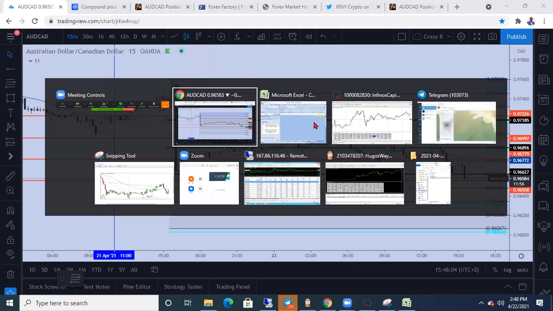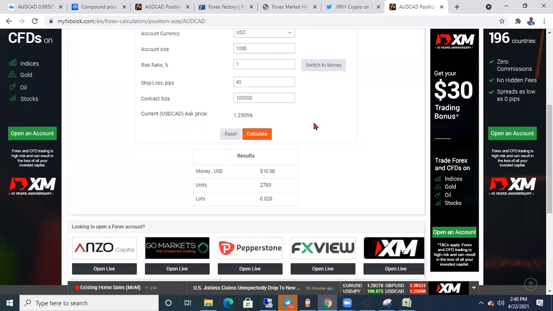If I'm trading off the higher time frame, now I am forced to use a lot size of 0.02. I never round up, I round down. If it's 0.028, I use 0.02. So I would have been using 0.02, right?